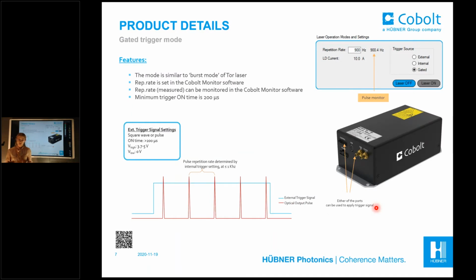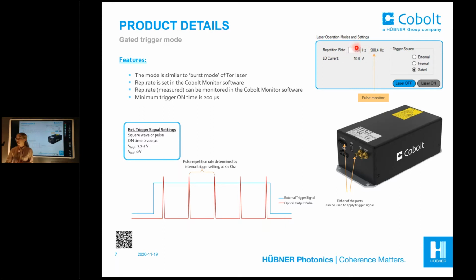So gated trigger mode is quite interesting because it's a combination of both internal and external triggers. So basically, if we look at the time diagram, when your external signal is on, the laser is shining at the repetition rate that was set in the Cobolt Monitor software.